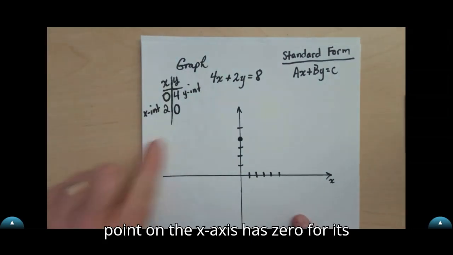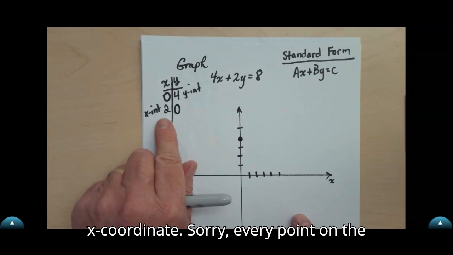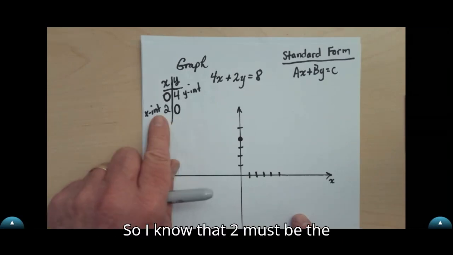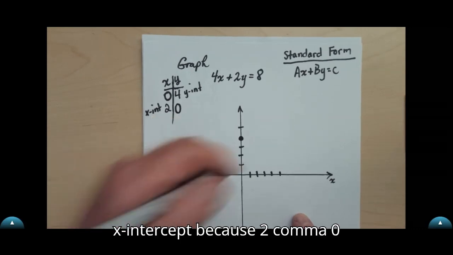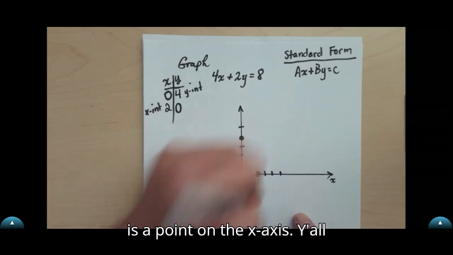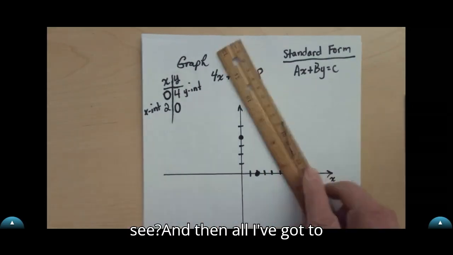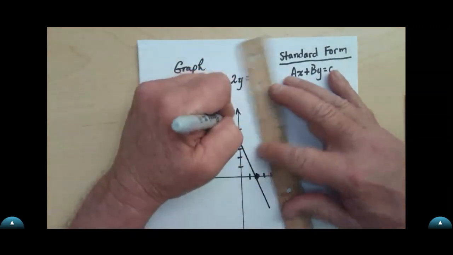And every point on the x-axis has 0 for its y-coordinate. So I know that 2 must be the x-intercept, because (2, 0) is a point on the x-axis. Y'all see? And then all I've got to do is draw the line.